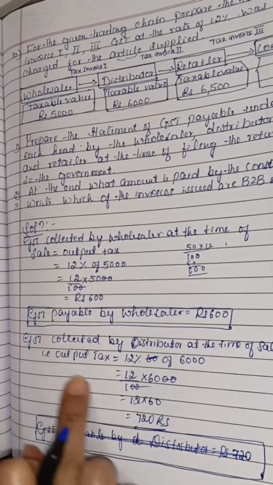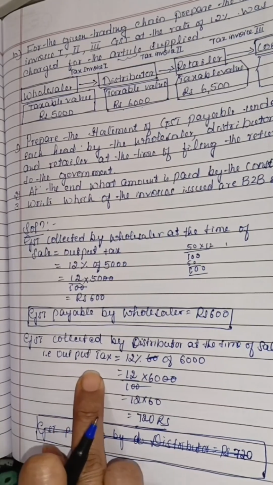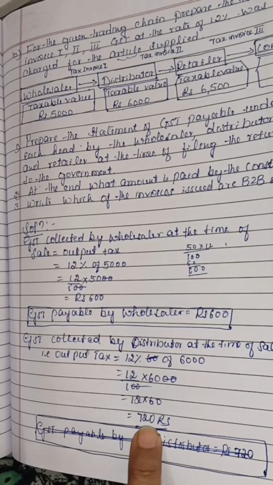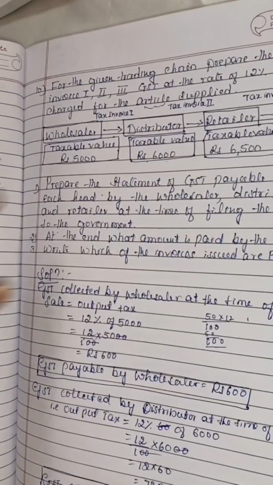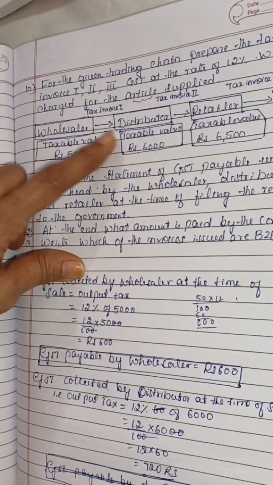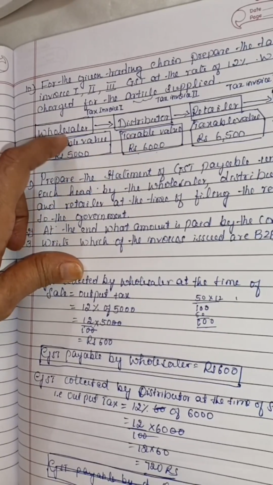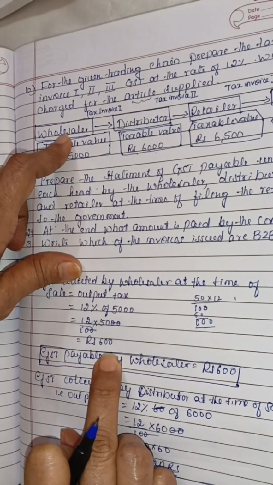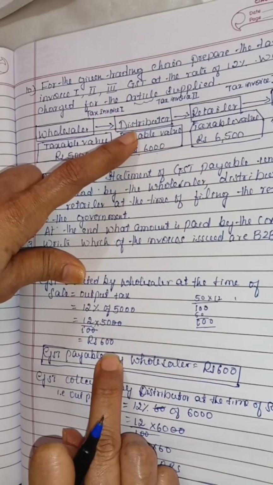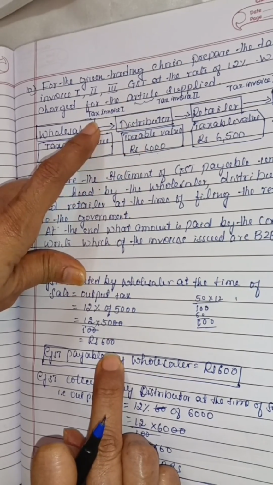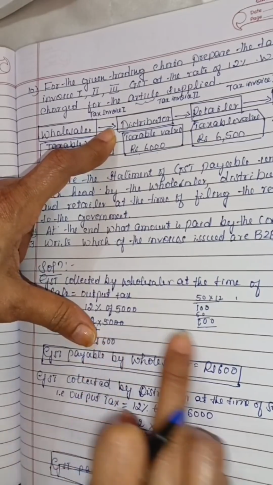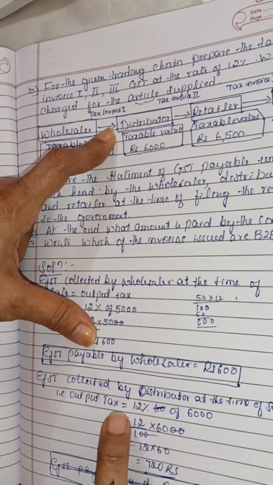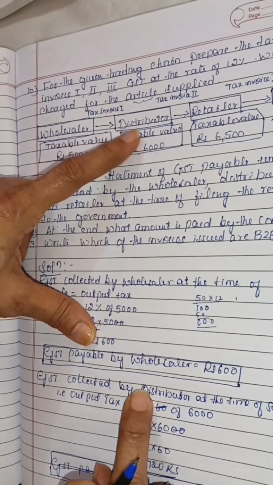In this, see, GST output tax for the distributor is 720. Then what is ITC? When the wholesaler sold the article to a distributor, he collected output tax, that is rupees 600, and for the distributor that is ITC. He paid the tax, so 600 is input tax for the distributor.